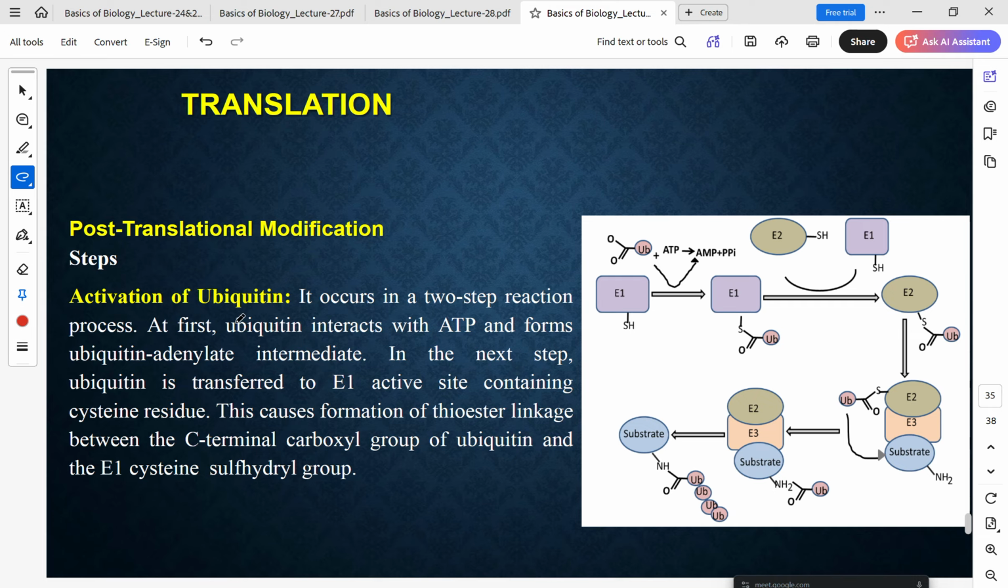Activation of ubiquitin occurs as a two-step reaction. Ubiquitin interacts with ATP and forms a ubiquitin adenylate intermediate. In the next step, ubiquitin is transferred to the E1 active site containing a cysteine residue. This causes formation of a thioester linkage between the C-terminal carboxyl group of ubiquitin and the sulfur group of the E1 cysteine.